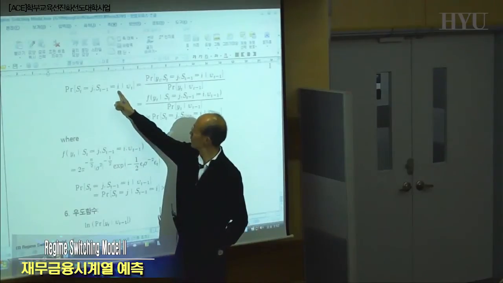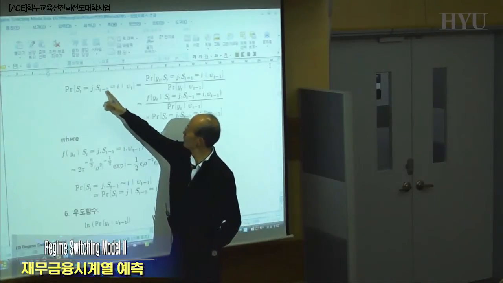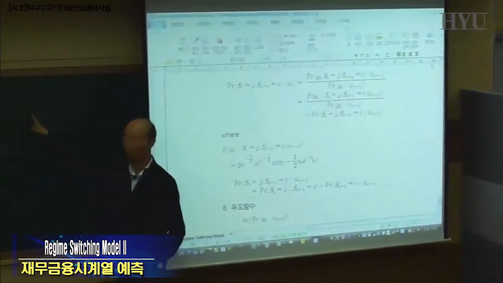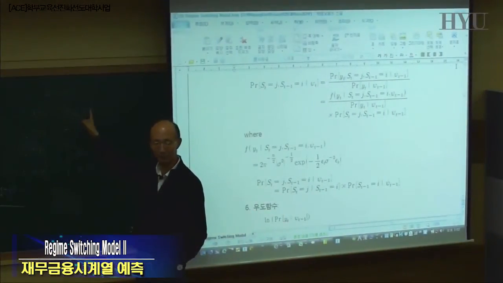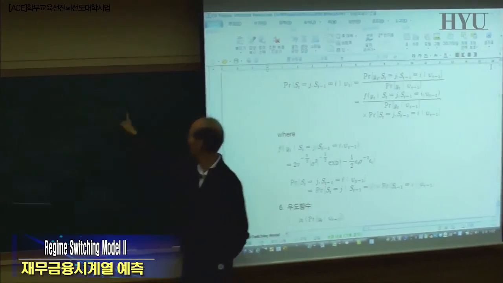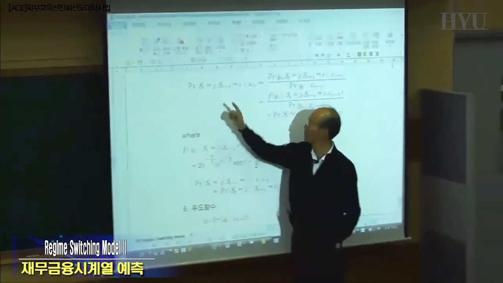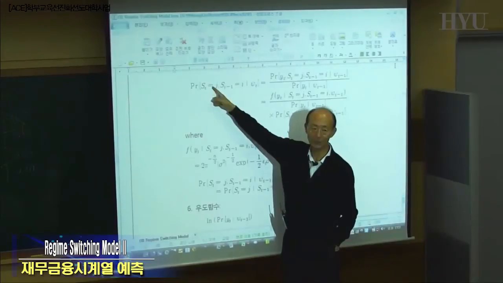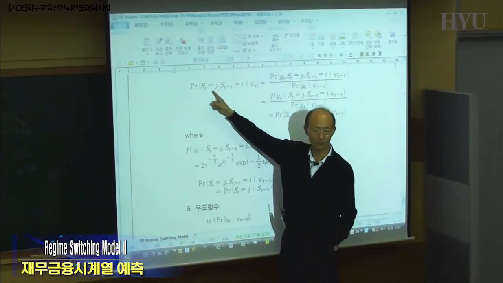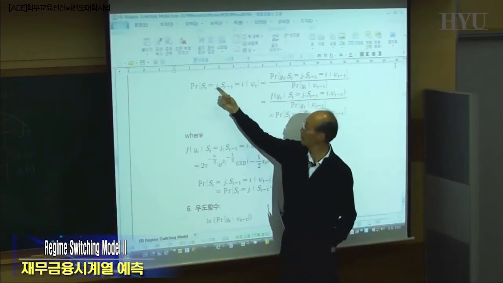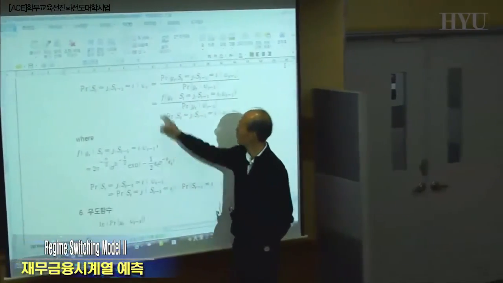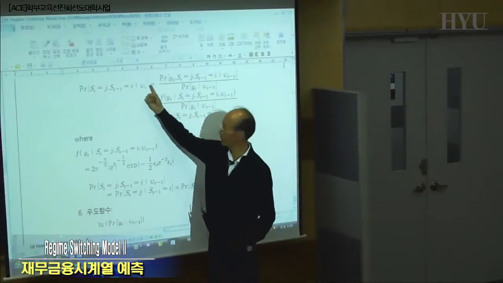So here, if it is 1, 1, that probability is this; then 1, 0, 0, 1, 0, 0. So 4 numbers using information up to this.